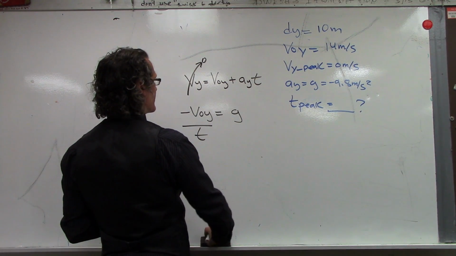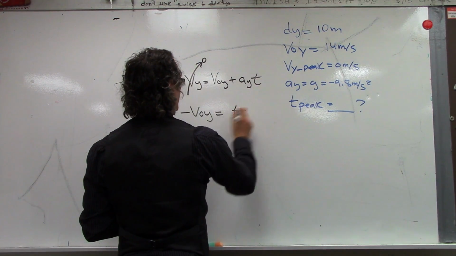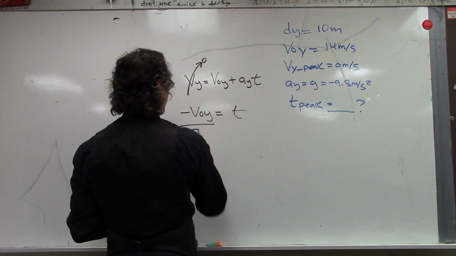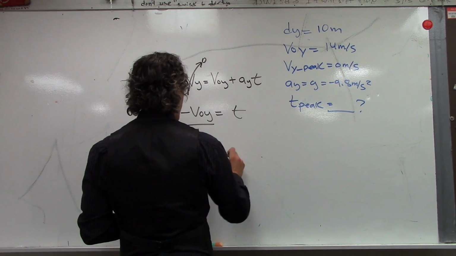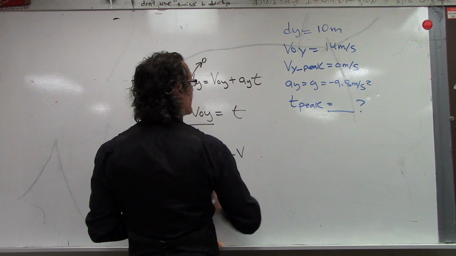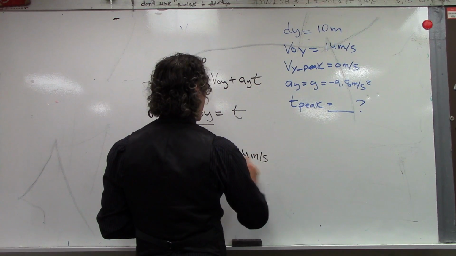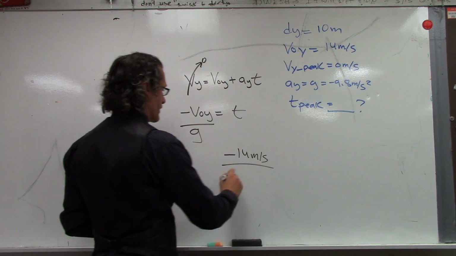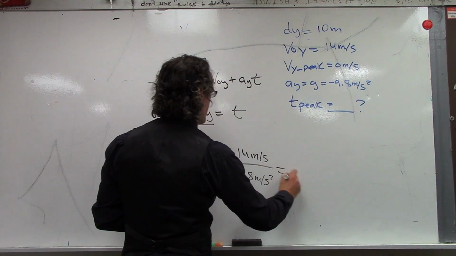Silly me, I want to solve for t, so now we put this over here like that, g as such, and so we have negative 14 meters per second divided by g, negative 9.8 meters per second squared, and that's t peak.